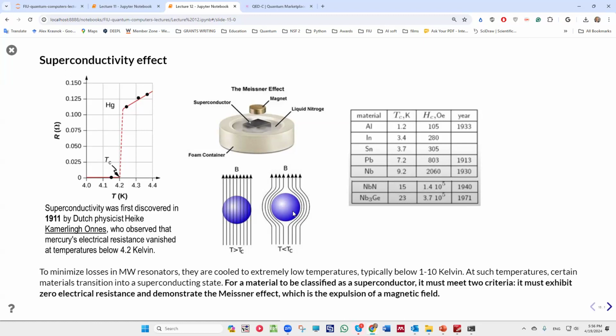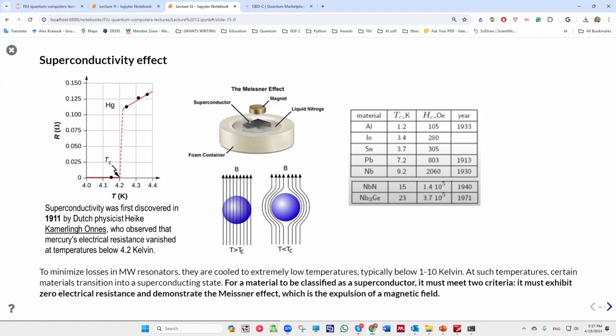So it doesn't allow the magnetic field to get inside of this material, which is very interesting because, as we know, the magnetic field is very hard to screen, right? The electric field is easy to screen. You just make a Faraday cage, and that works perfectly.